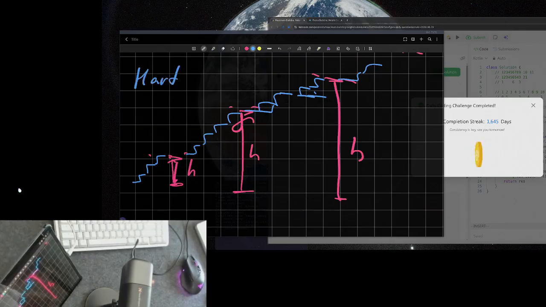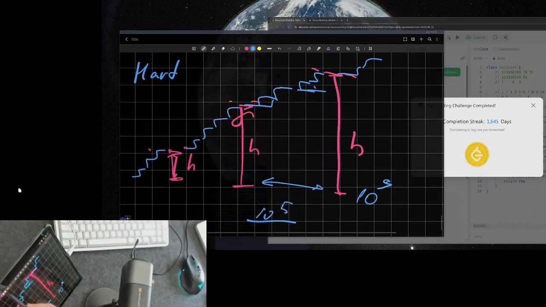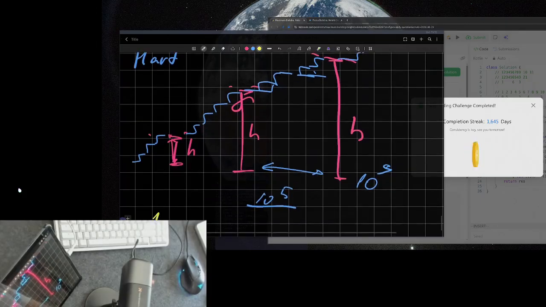It has 10 to the power of 5 restrictions, and the distances between them can be up to 10 to the power of 9. So it can't be brute forced. That means we have to, first, sort these restrictions.